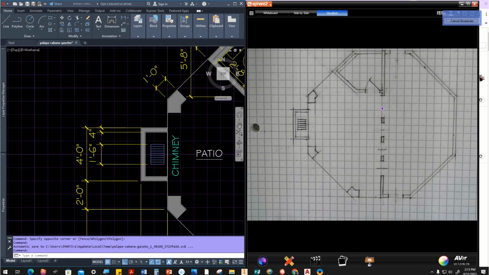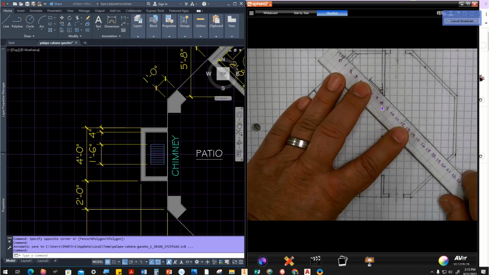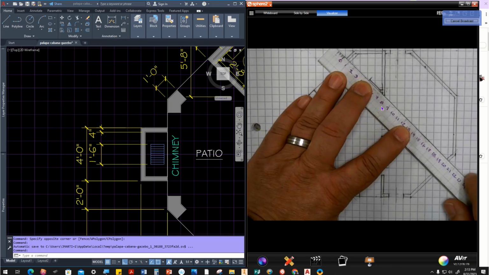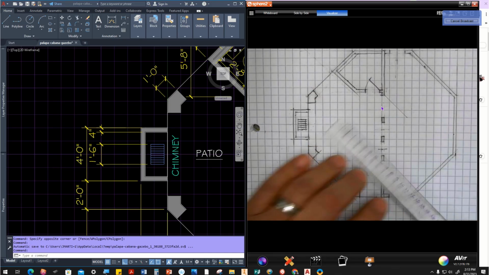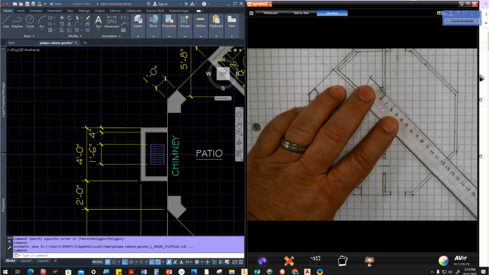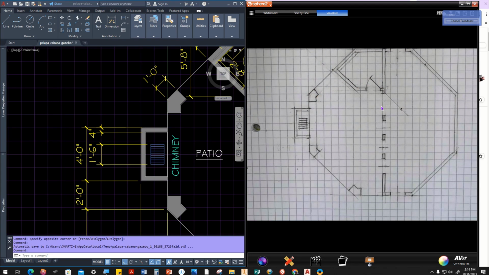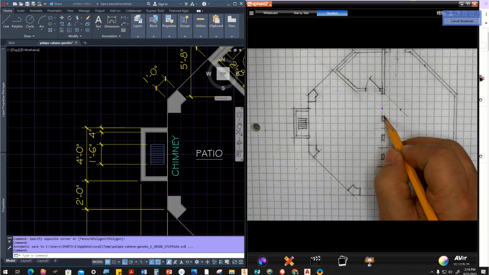How did we do it? Again, 45-degree line. You can approximate it. Draw softly. Measure it. The measure of the opening, in this case, is 3 feet. Dibuja un arco. ¿Un arco?